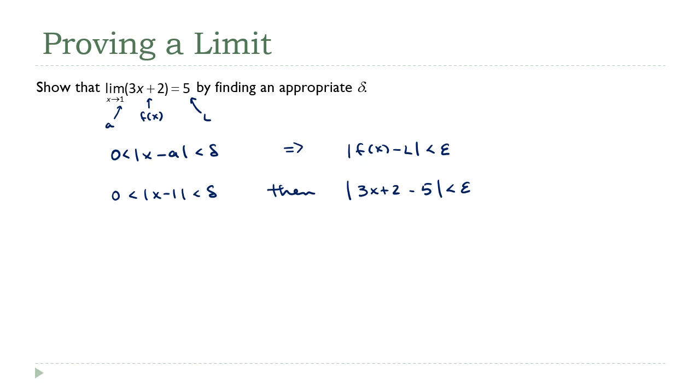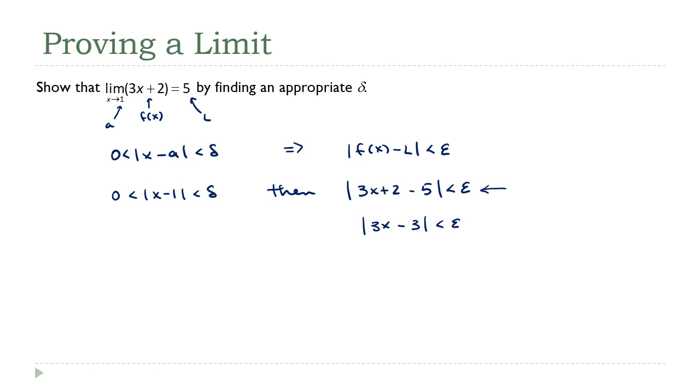Okay, I'm going to start over here on the then side of this with this expression. Because if I simplify this a little bit, the inside here is 3x minus 3, and its absolute value is less than epsilon.